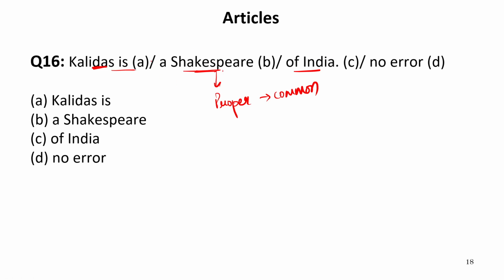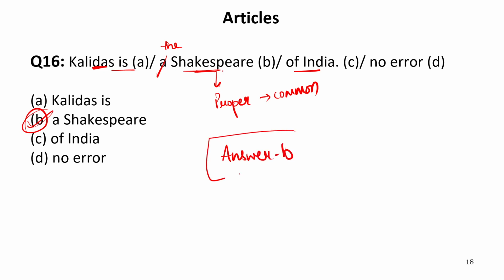Therefore, before this proper noun, we need the. Whenever there is a proper noun behaving like a common noun, we always use the before it. For example, he is the Sachin Tendulkar of our society. It means we are not talking about Sachin Tendulkar, but his qualities that are the same as that of Sachin Tendulkar's. So the error is in part B. So our answer is B.